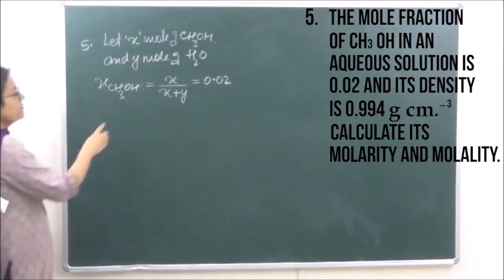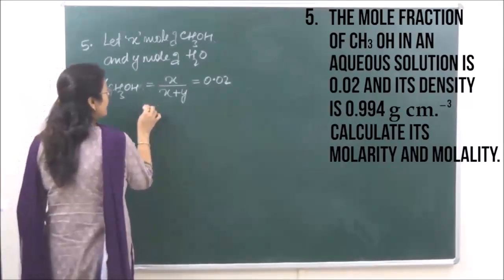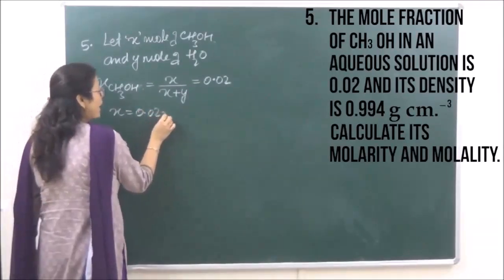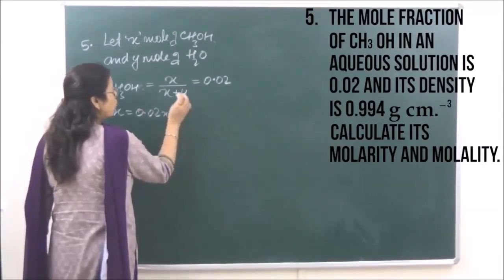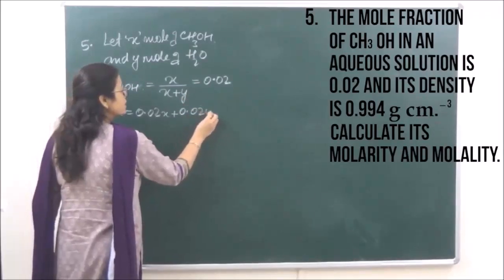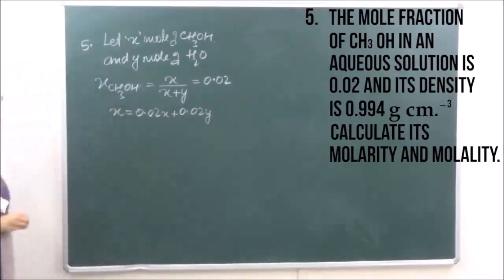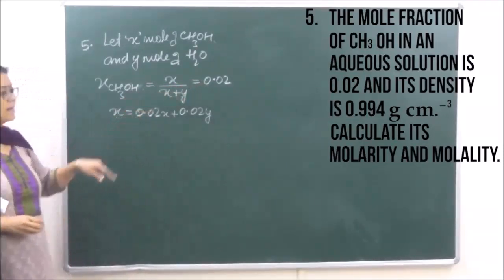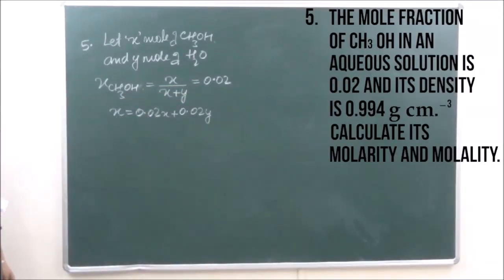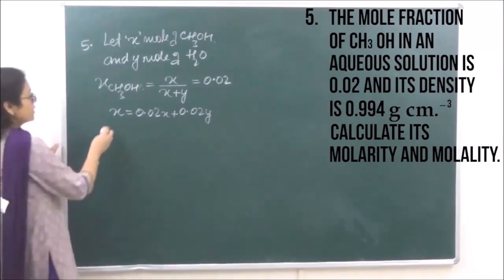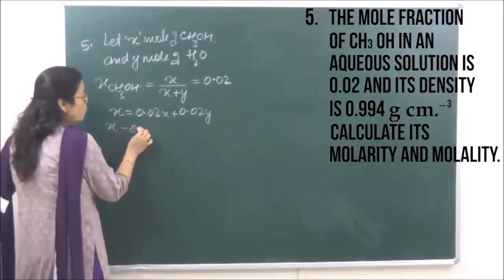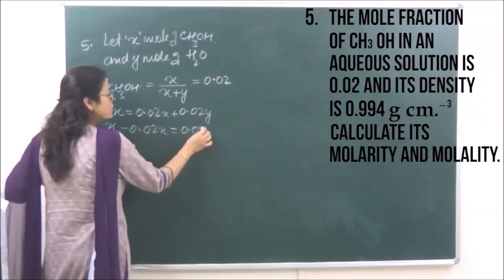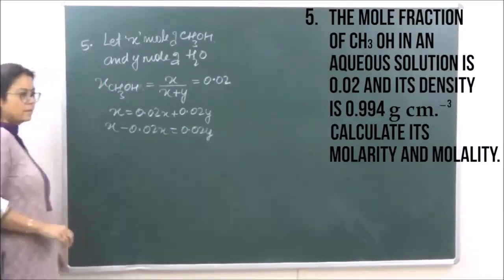Clear? So when we calculate this, it will become X is equal to 0.02X plus 0.02Y. We have taken this term on the other side, so it will become X minus 0.02X, that is equal to 0.02Y, right?